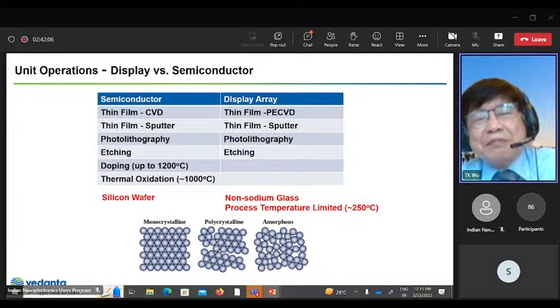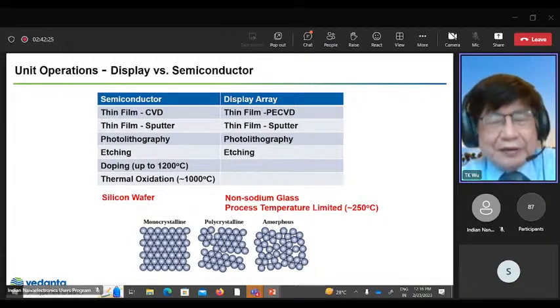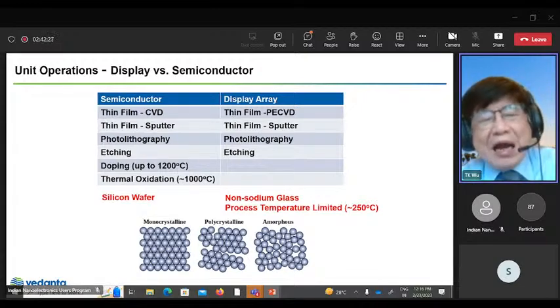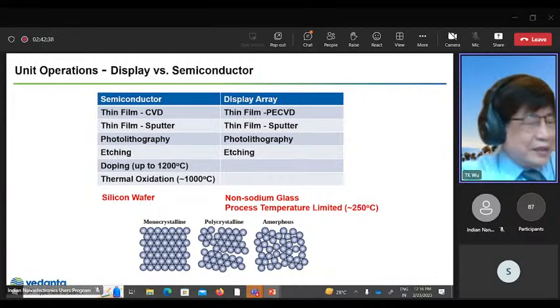We deposit by PECVD silicon nitride as the gate insulator to form the TFT. So that's the basic difference between display and semiconductor. I will mention later that at 200 degrees C we find another beauty in such low temperature. Let's see the next one, please.